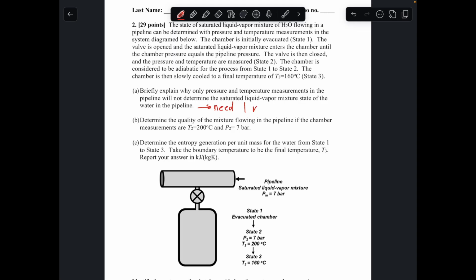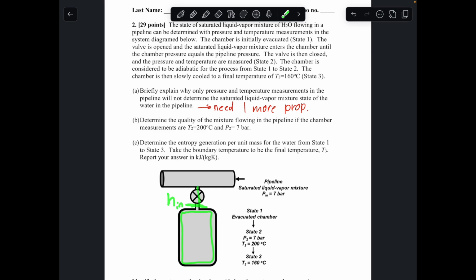We need one more property in order to determine the state of the mixture. The reason that we are interested in the information at state 2 is that we can use a first law energy balance over our system, which is the chamber, and with that we can get one more property at the inlet, and that will be the enthalpy at the inlet.